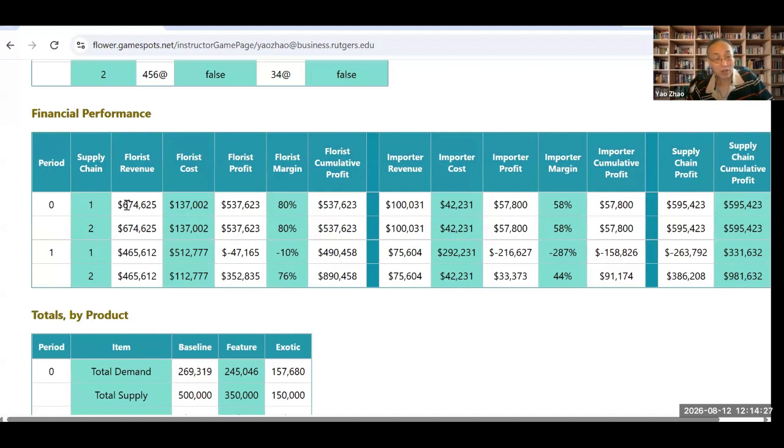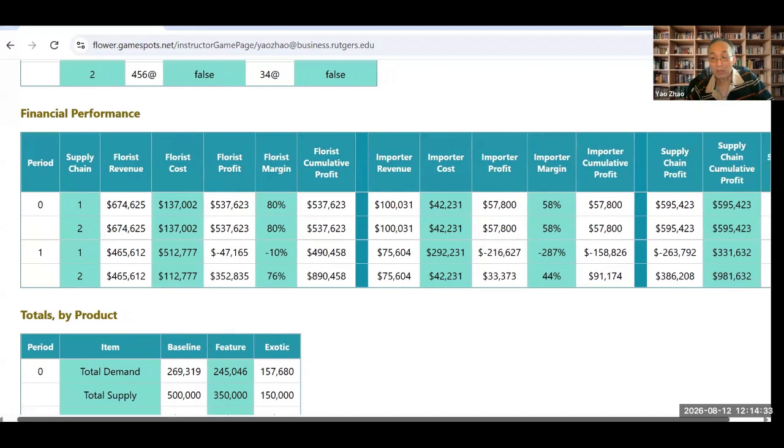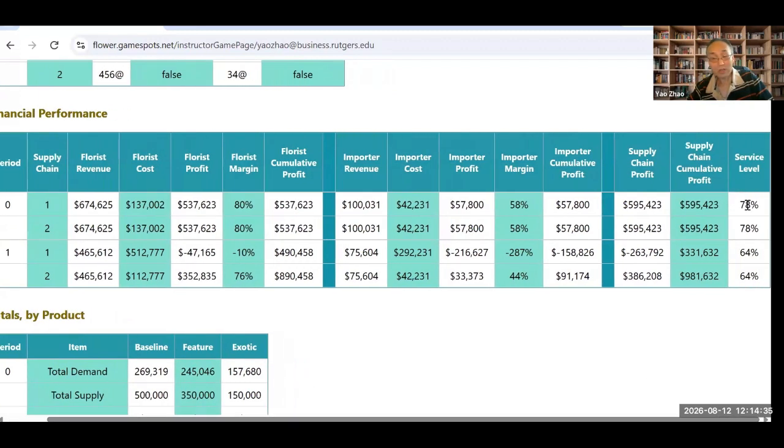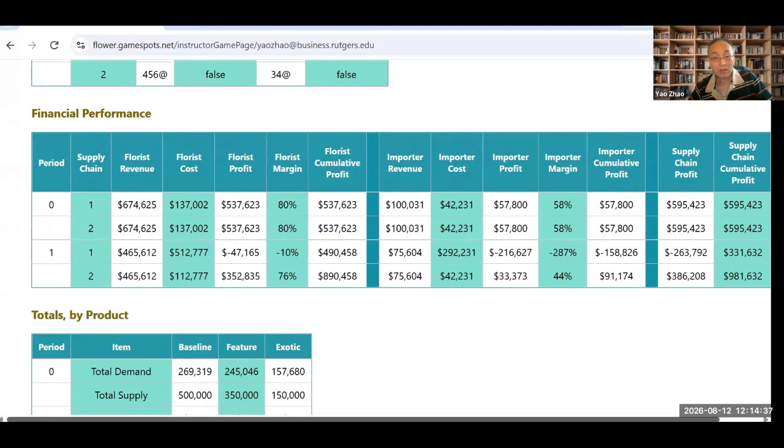They can see for each supply chain how much money the florists and importers are making, and what the overall service level for that supply chain is. In addition, they know their own financial performance and their competitors' financial performance overall.